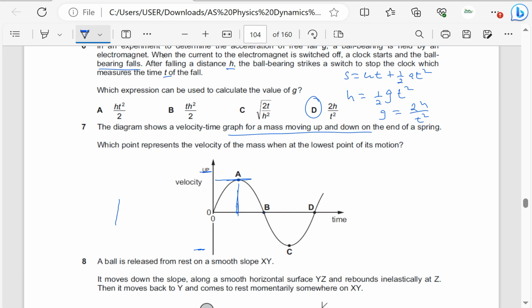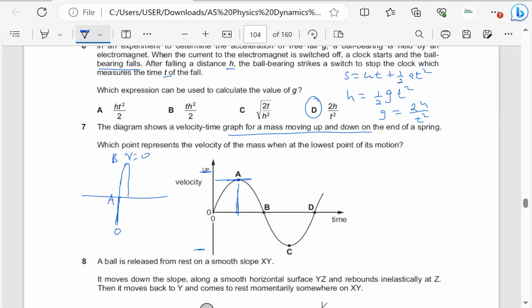Let this be equilibrium, starting with 0 velocity at this point, which is point A at the origin. Then it is moving beyond equilibrium, and this is going to be point B, where velocity becomes 0 at the highest point.